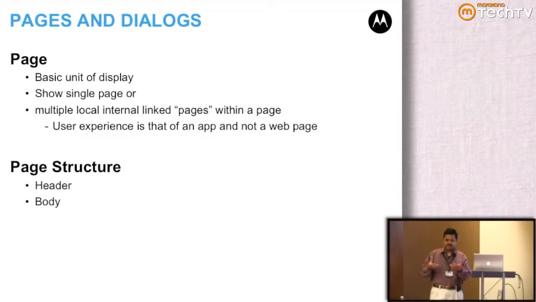It almost feels like you are flowing from one screen to the other. That is the kind of effect it brings you, and it does it automatically for you. All you have to do is link the second page from the first page and vice versa, and you can have a very smooth transition. I have an example, I will show that to you. To build a basic page, you need a header and a body.